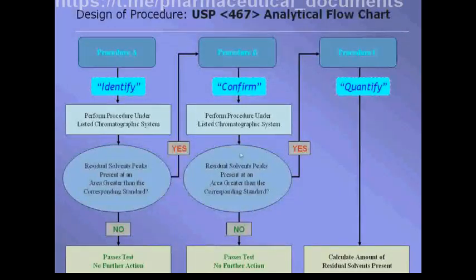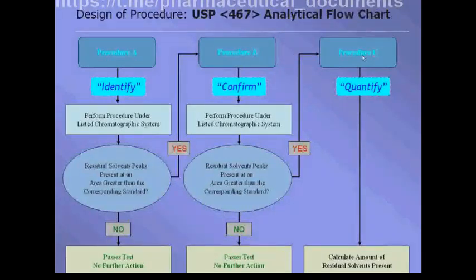If we see that the result in procedure B matches what we had in procedure A, we then confirm the presence of the analyte and move forward into procedure C. If not, the test article passes and no further action needs to be taken.